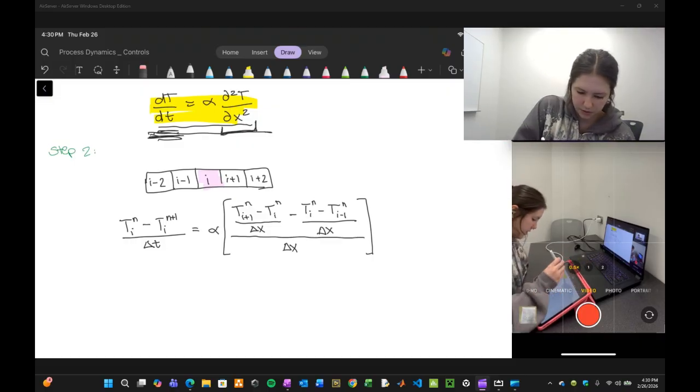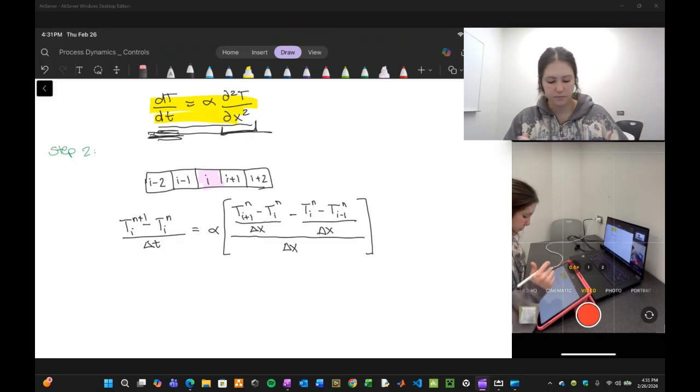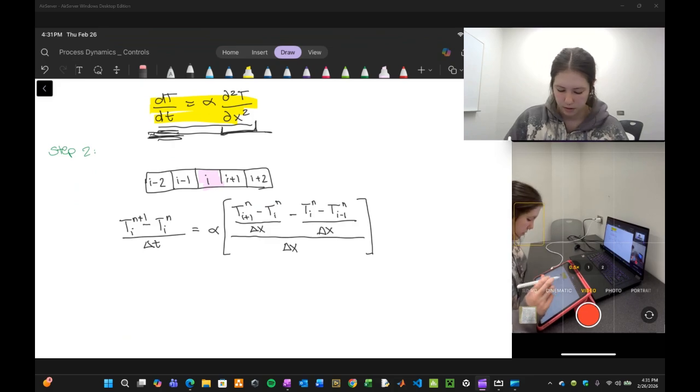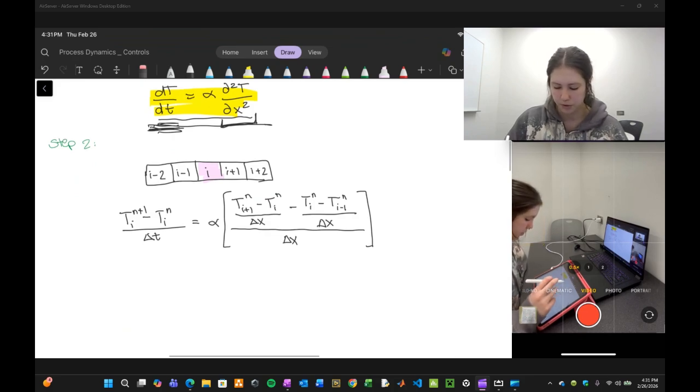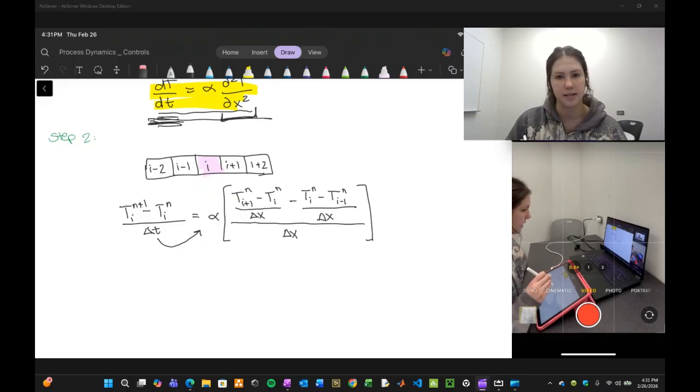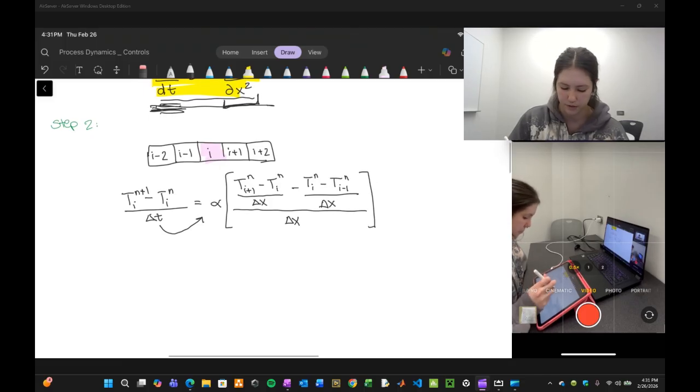And I did switch these terms around. It is the temperature at the time before minus the temperature at the time right now. And so what we can do to simplify this a little bit is we can move this delta T to this side, and we can take these delta X's out of the bracketed part of the equation.